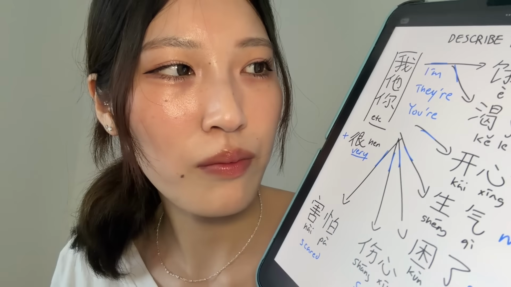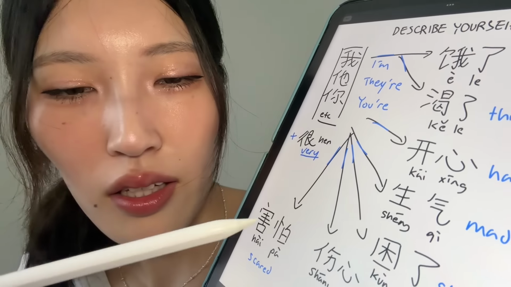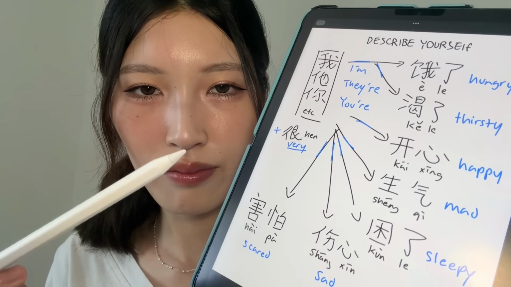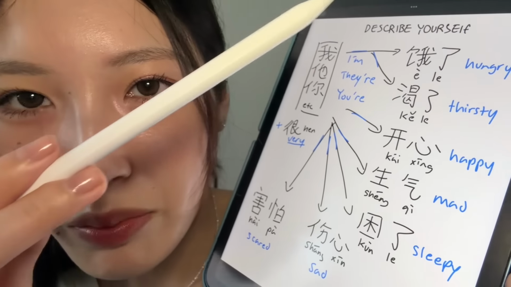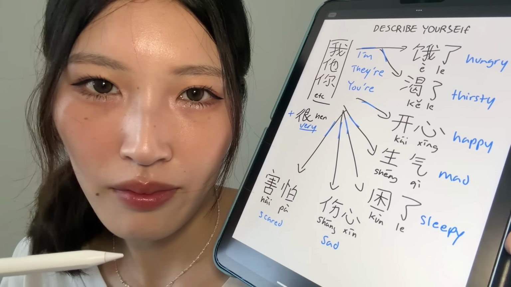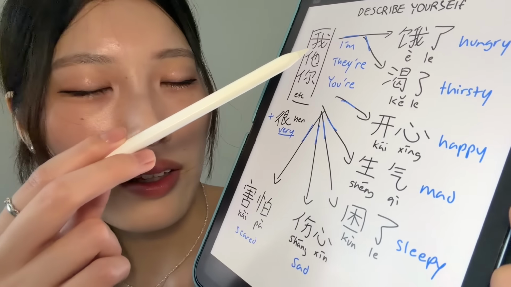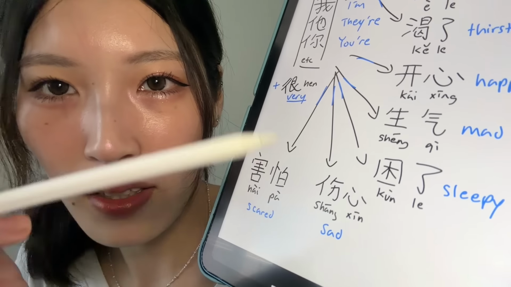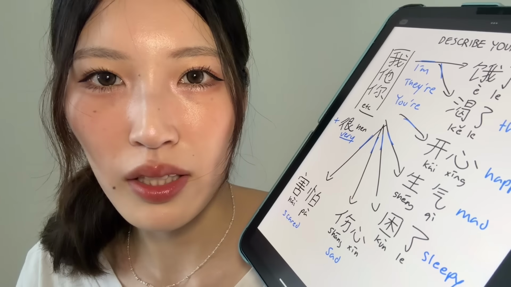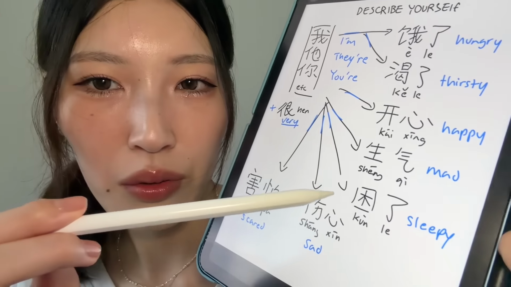Okay, good job. Now let's just do a few interchangeable examples. Okay, let's say, how would you say you're very sad? Just based off what you see. How do you say you're very sad? Okay, so it would be 你很伤心. Okay, how do you say they're sleepy? 他困了.